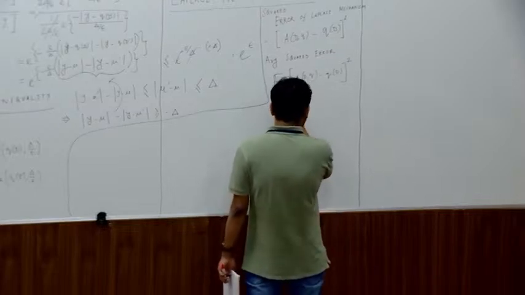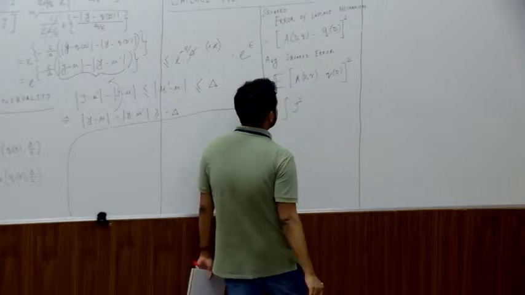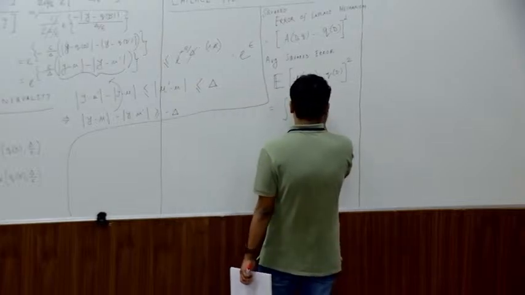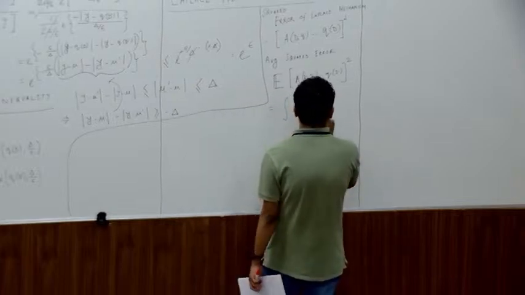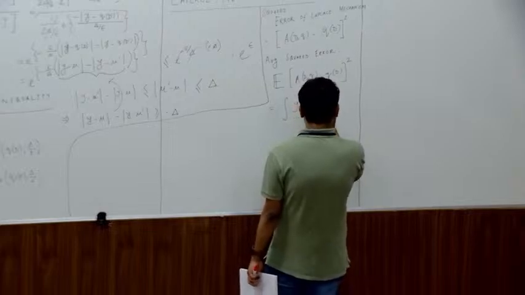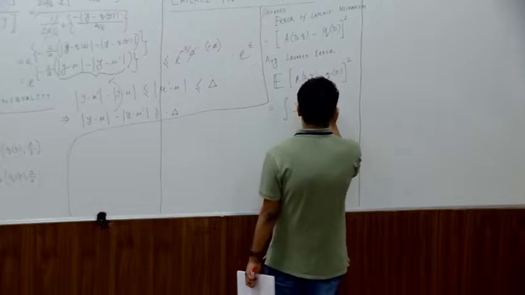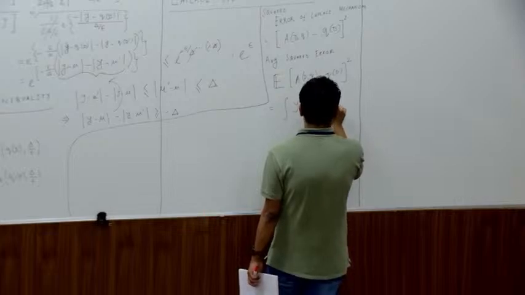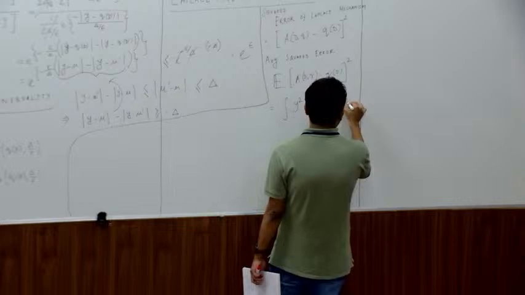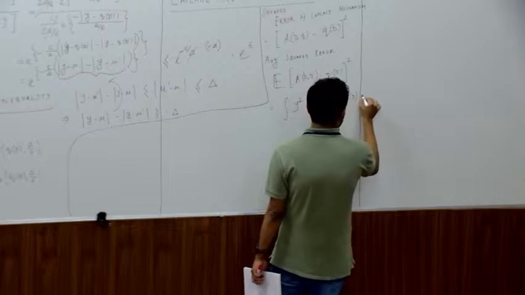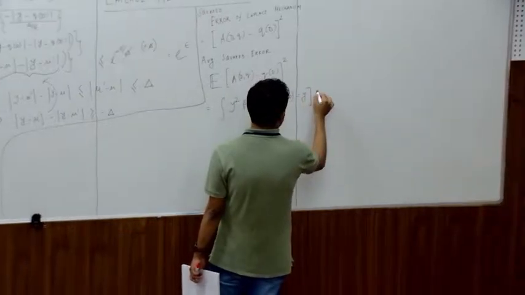So this is given by the integration of y square times the probability that the random variable A(D,Q) minus Q(D) is equal to y, integrated dy, right?